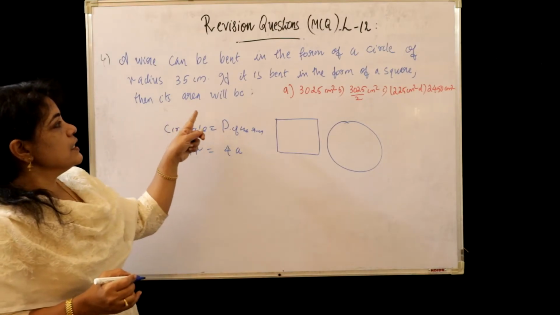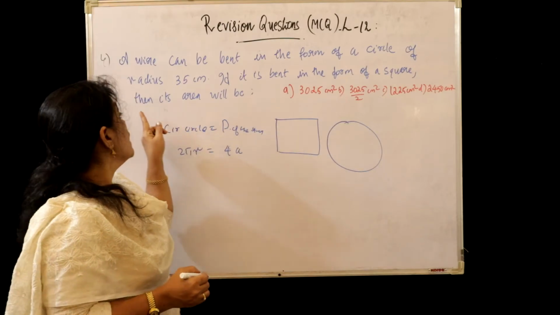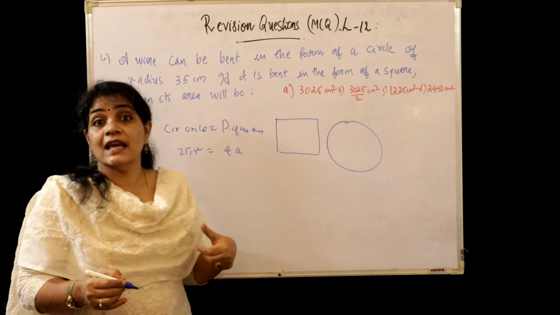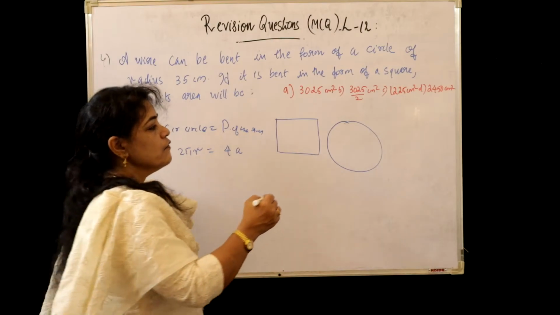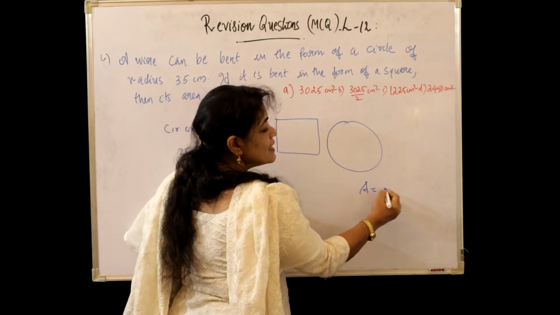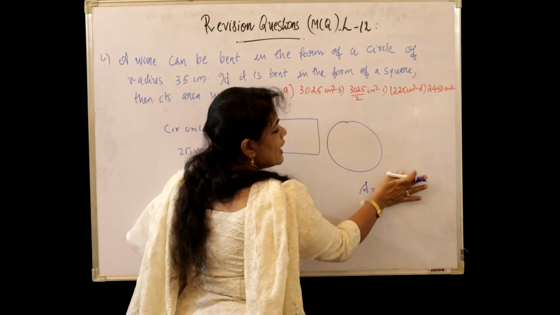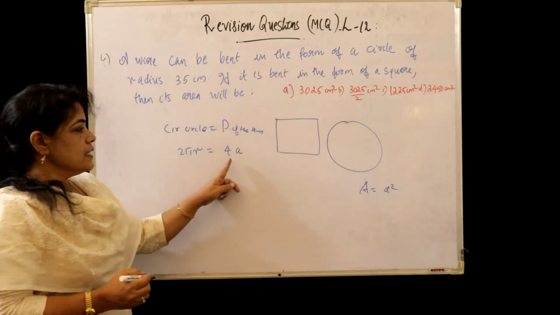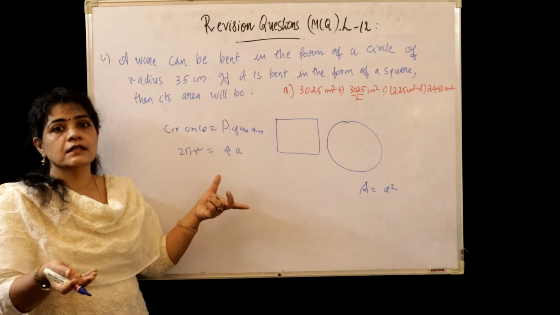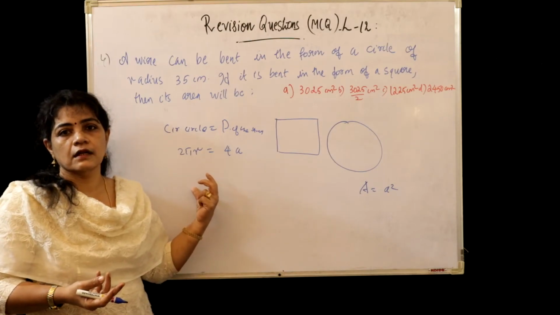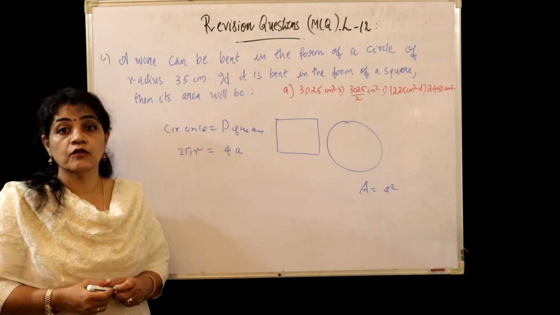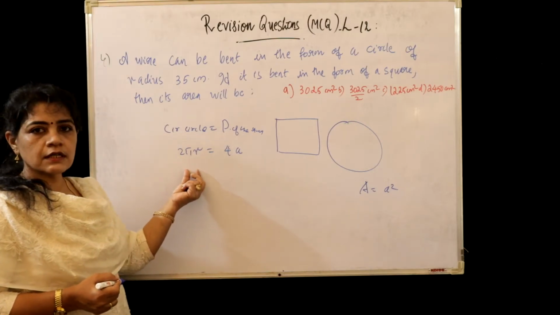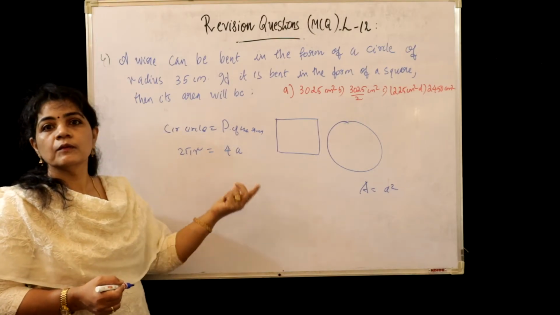What is finally asked, if it is bent in the form of a square, then its area will be, that means the area of a square. The formula is side into side, or a squared. And here comes 4a, because the perimeter is equal to the circumference of the circle. Now we can substitute the value of radius in the circumference of the circle, so that the only unknown will be the side.